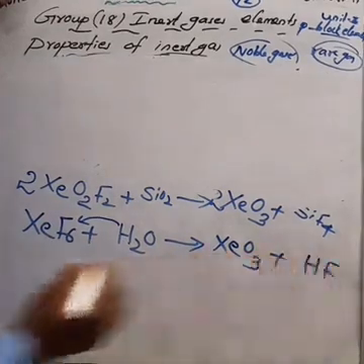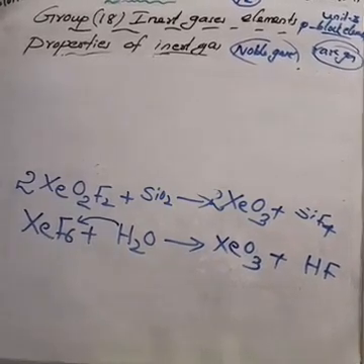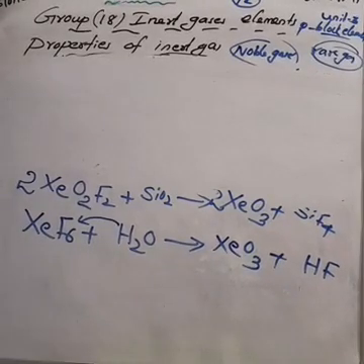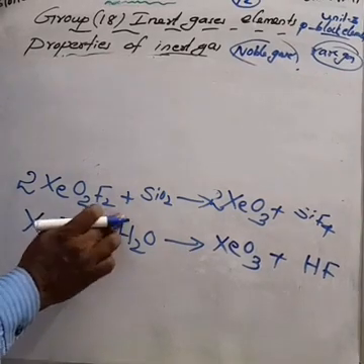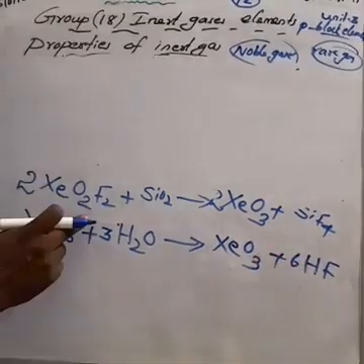So how can you balance the equation? The product side has XeO3, so make it 3 water molecules on the reactant side, oxygen 3. Now how much fluorine is there? XeF6, 6, so make it 6HF on the product side also. Now the equation is balanced.